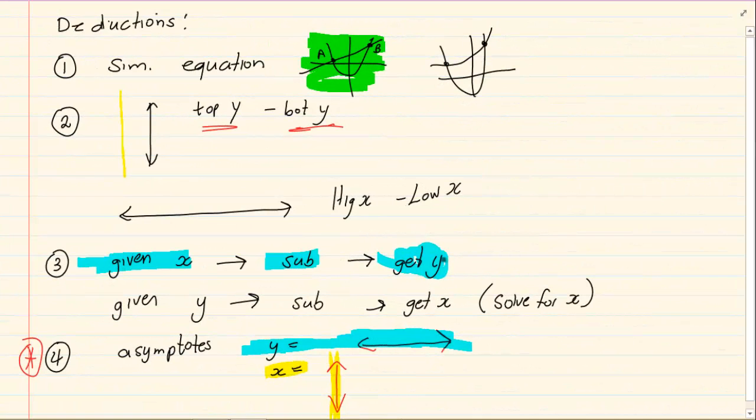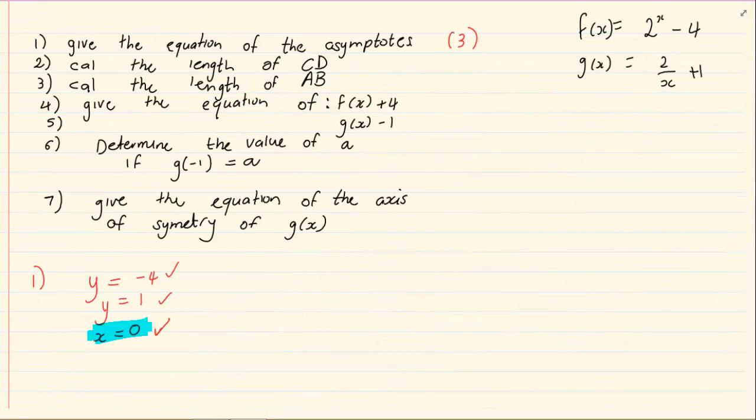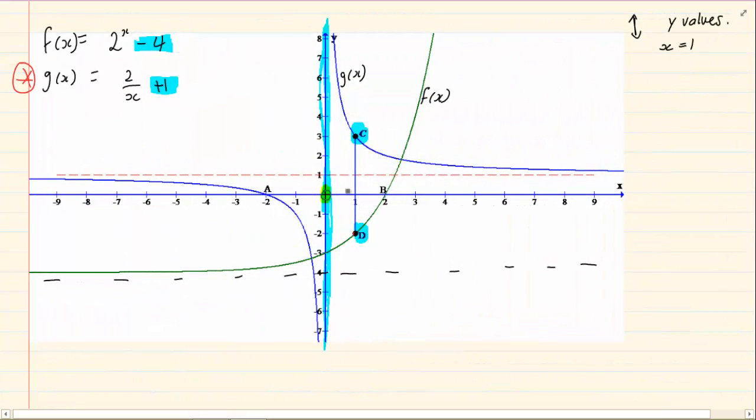You substitute into the original and you get y. So we're going to take the two equations. F of x, so it's going to be 2 to the power of 1 minus 4, which gives me minus 2. And then we've got g of x, substituting the x value in order to get the y value.